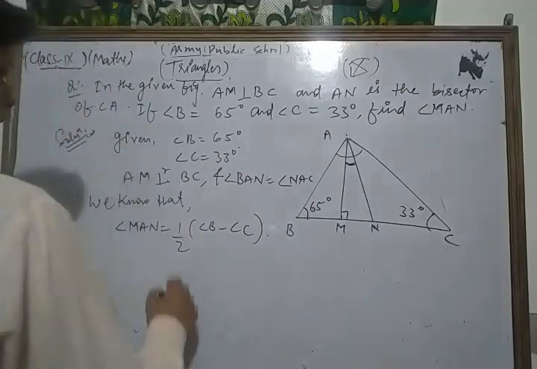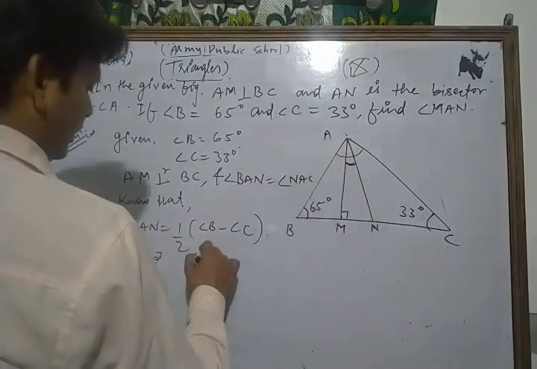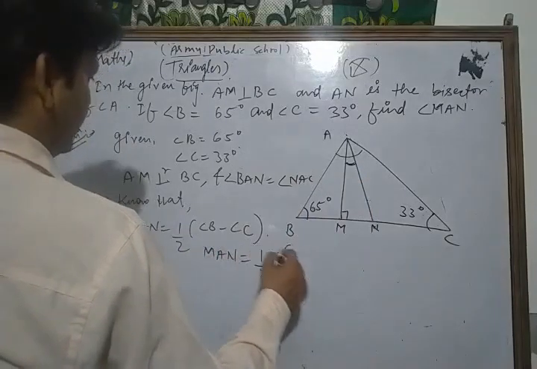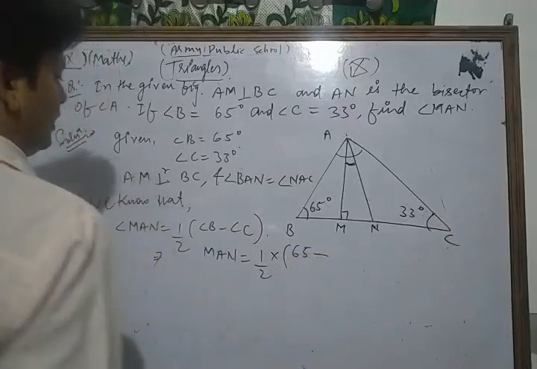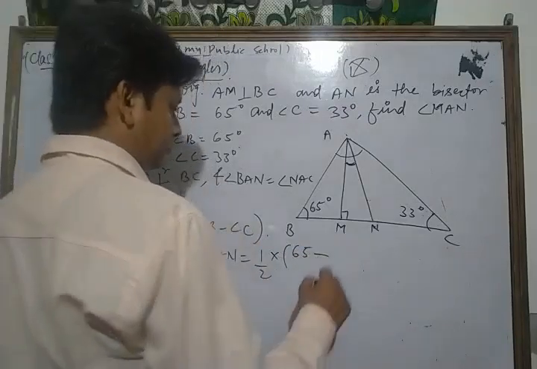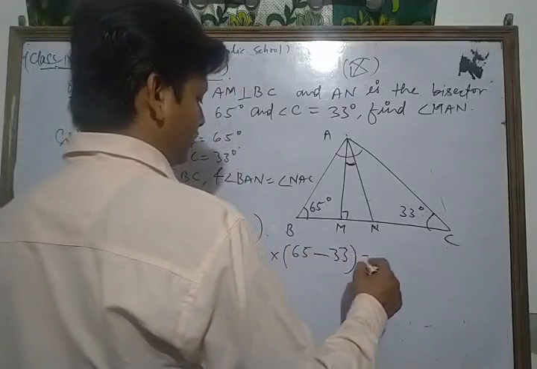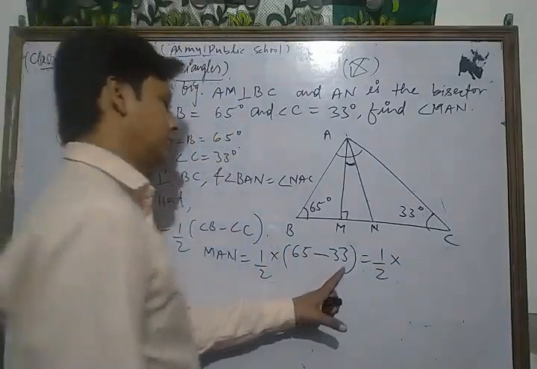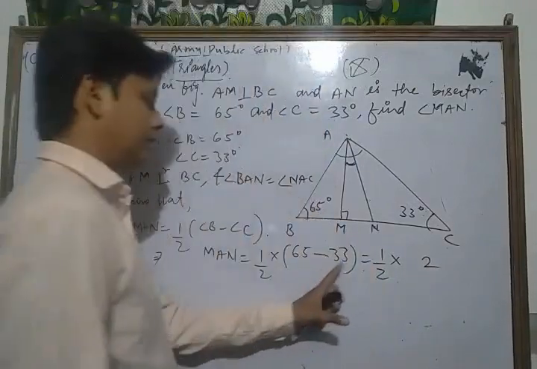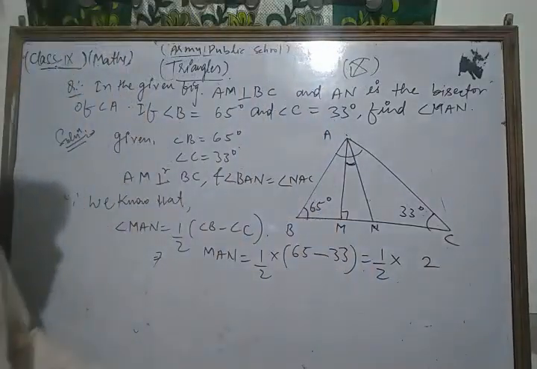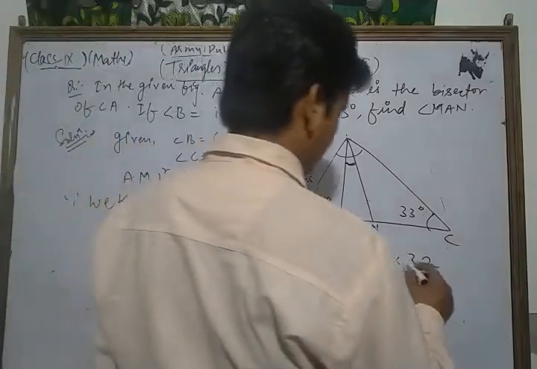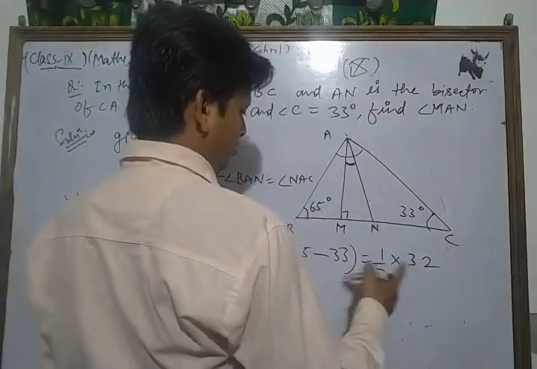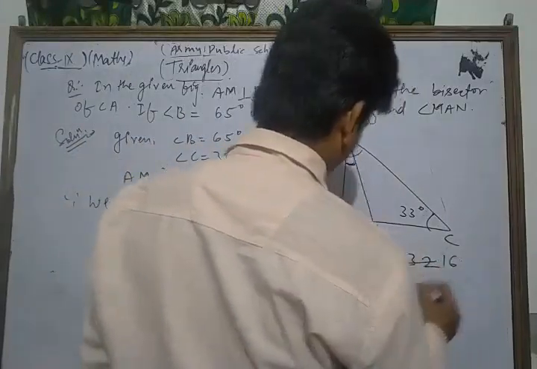Okay, so now from there the angle MAN is equal to, we put the value of angle B as 65, and angle C as 33. So we get 1 by 2 into 65 minus 33, that is 32, half of which is 16.